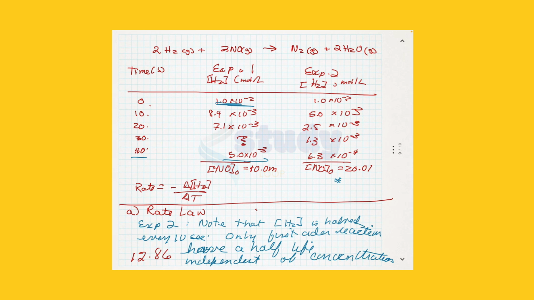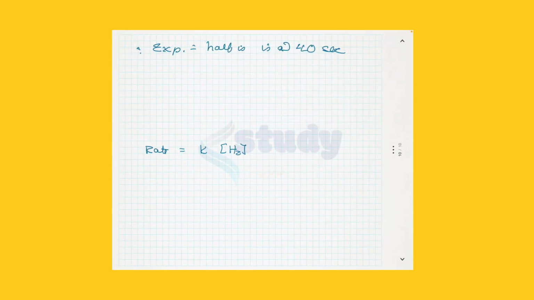So that means that, okay, I was going to write this up here. From experiment 1 to experiment 2, the NO concentration is doubled.